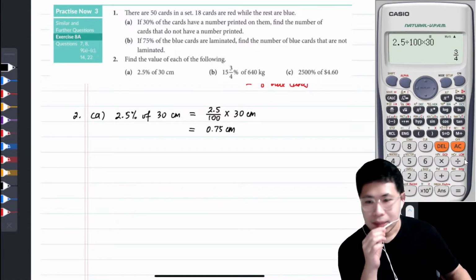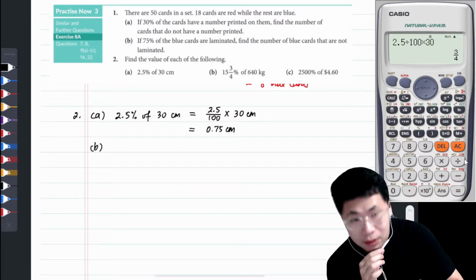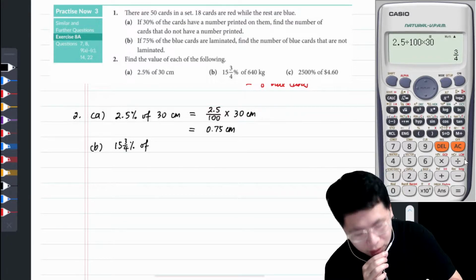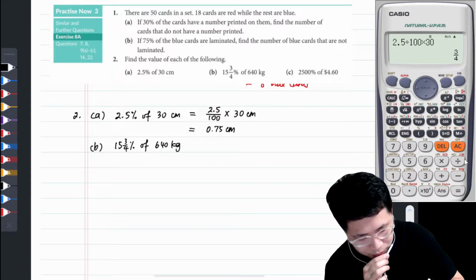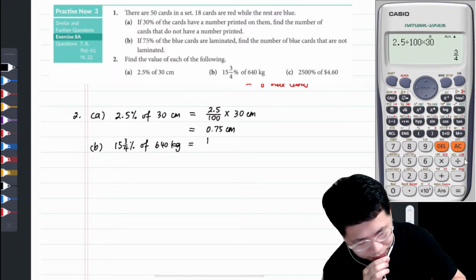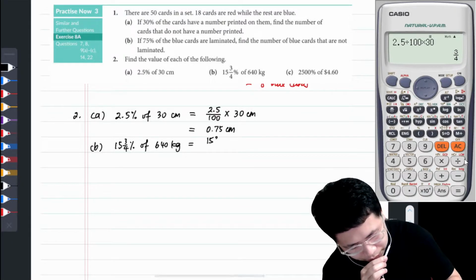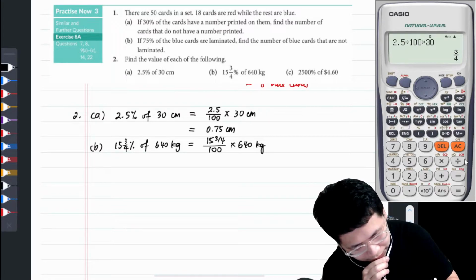Okay, next for B. I'm looking at 15 and 3/4% of 640 kg. So what I need to key in is 15 and 3/4 over 100 times 640 kg, right, like this.